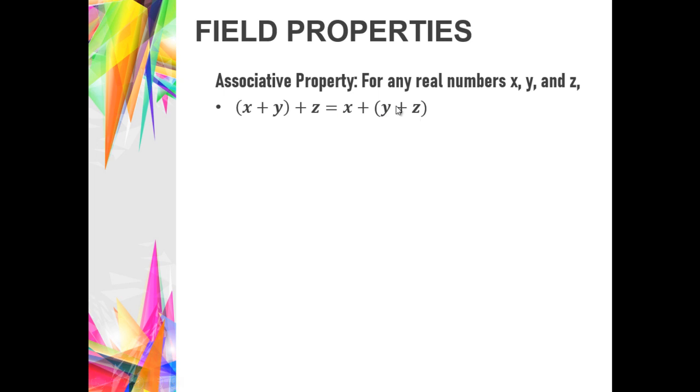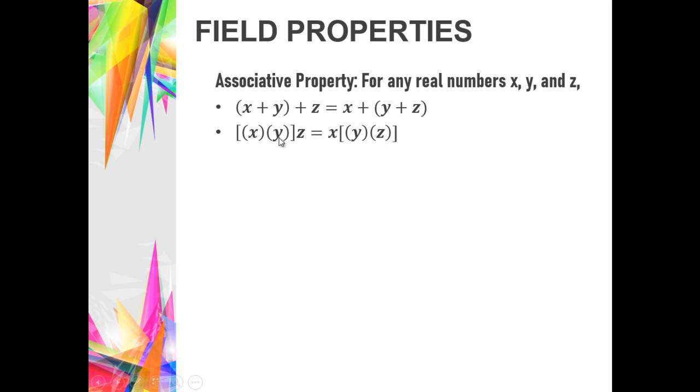You notice it's the grouping symbol that differs in position, or its coverage. The same with multiplication, since the associative property also holds under addition and multiplication. So, x times y times z is equal to x times the product of y times z.